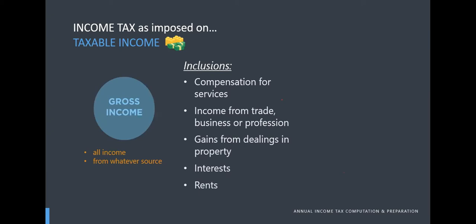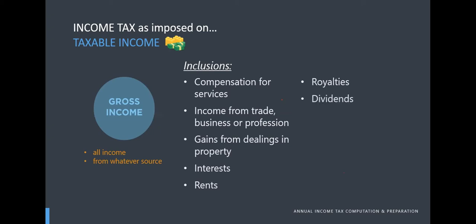Any income earned for leasing any properties, personal properties or real properties, is called rent. Royalties. This is income generated for the use of one's property. So it could be in the form of a copyright or patent or franchise, etc.